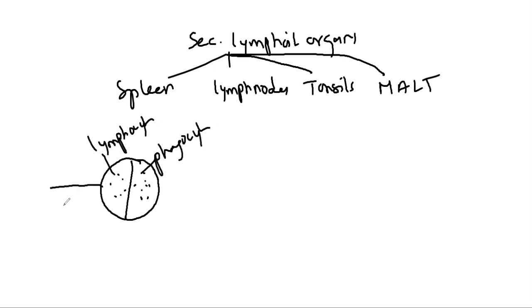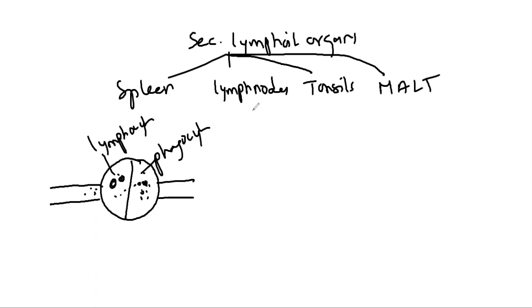Generally, the blood passing through the spleen may contain antigens. They can be trapped by lymphocytes. If this blood has old or damaged RBCs, they can be destroyed by phagocytes, nothing but macrophages.